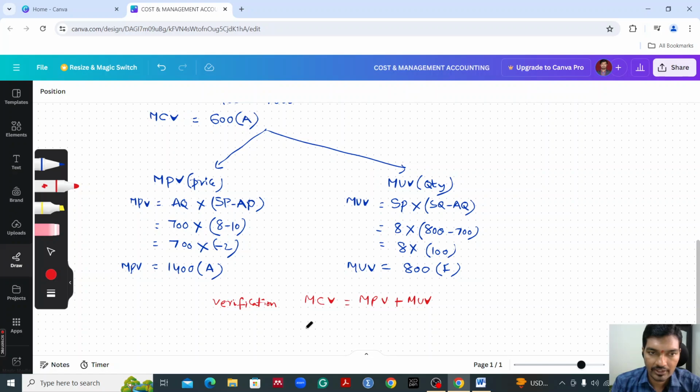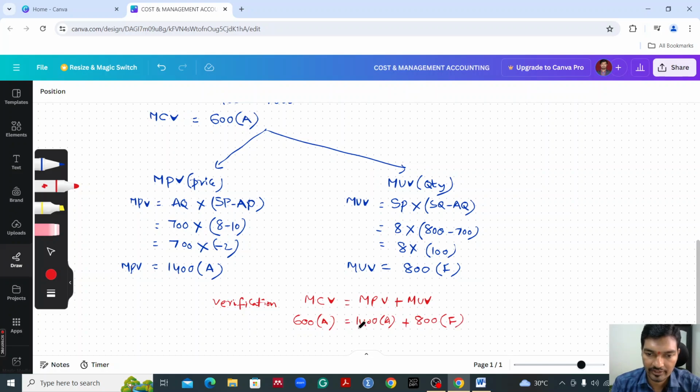So we got the MCV as 600 in adverse, meaning negative, and we got the MPV as 1400 in negative. The MUV we got in positive.